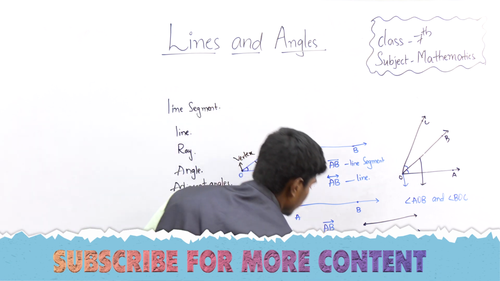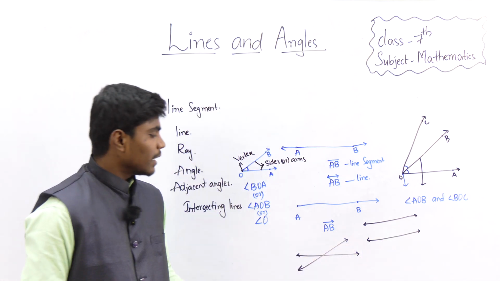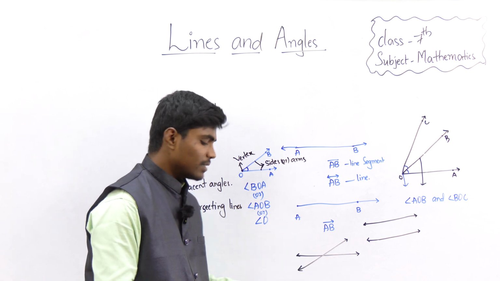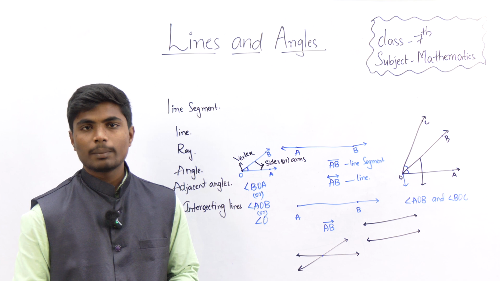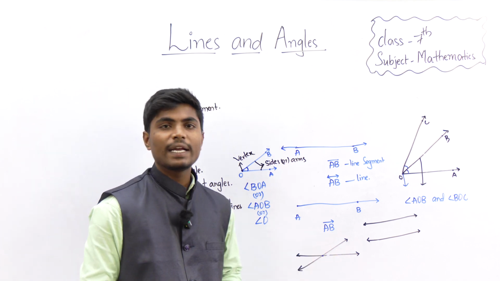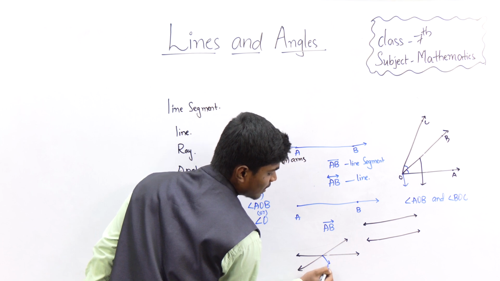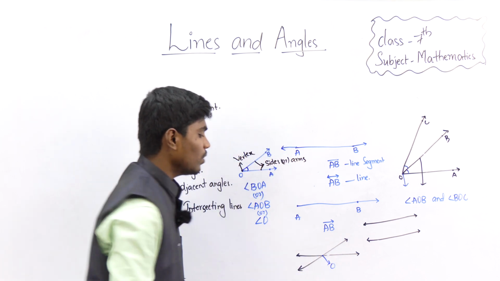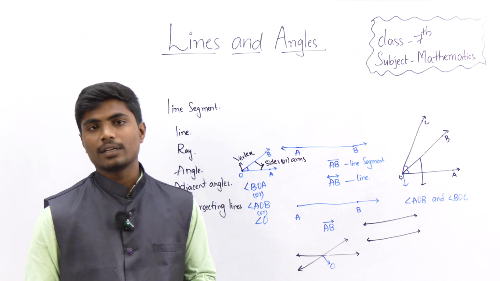If we take two lines, this is one line and this is another line. These two lines have one common point, this is the common point, meaning these two are intersecting each other at point O. At point O, these two lines are intersecting.